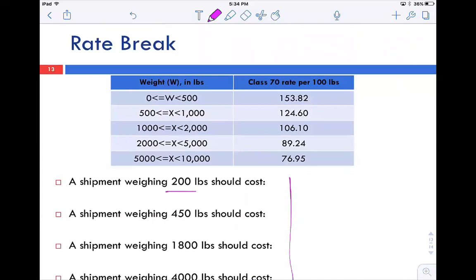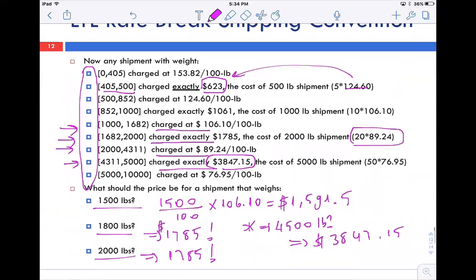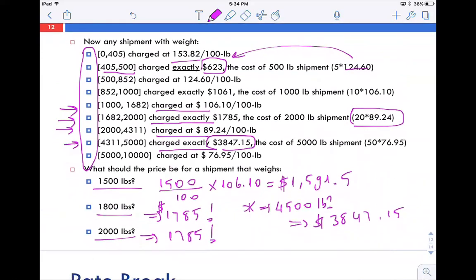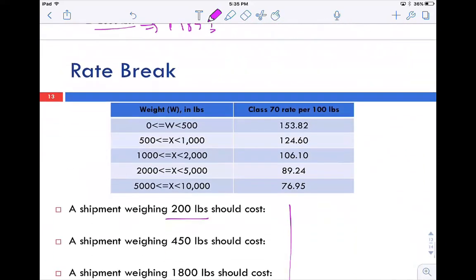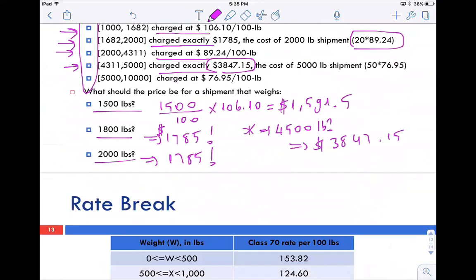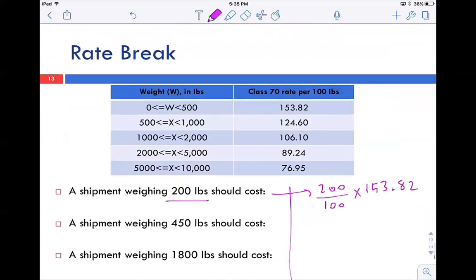Let's talk about 200-pound shipments. How much is going to cost us? Well, anything between 0 to 405 pounds, it's going to be charged by this much. So 153.82 cents. So it is 200 divided by 100 times 153.82. All right, I'm not going to do the math.